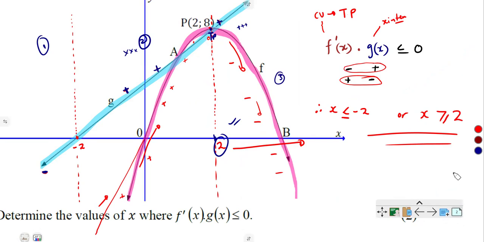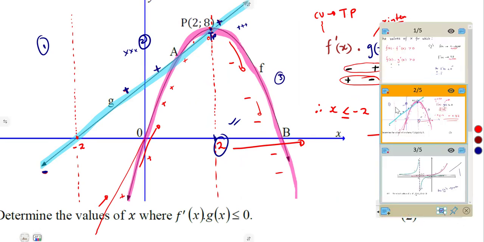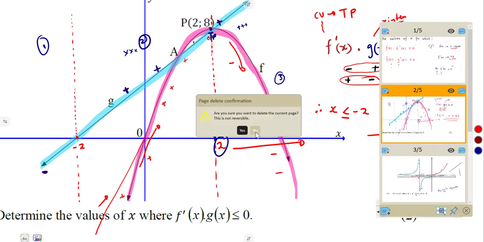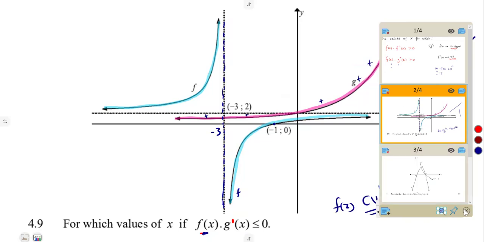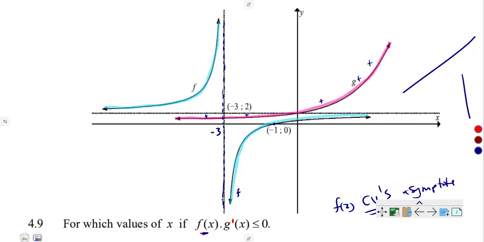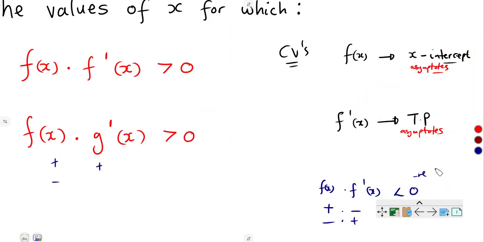All right, let me get you back. I want you to understand what I'm saying here. If we are dealing with the original function, something like this, for a hyperbola, it has asymptotes, but also it has an x-intercept.